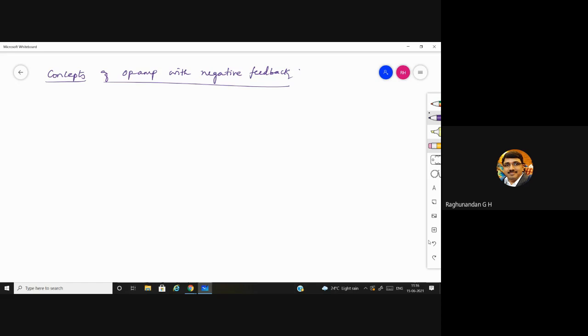In the concepts of op amp with negative feedback, this comes under module 4, because modules 4 and 5 are mainly on op amps, completely on the op amps. The entire concepts will be on op amps and the 555 timer IC, astable, monostable, multivibrators, all those things.